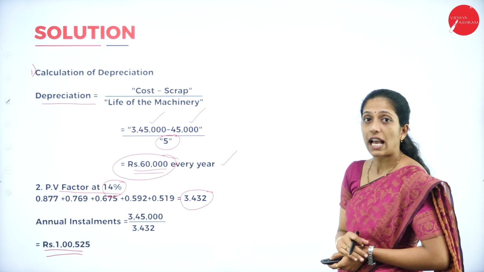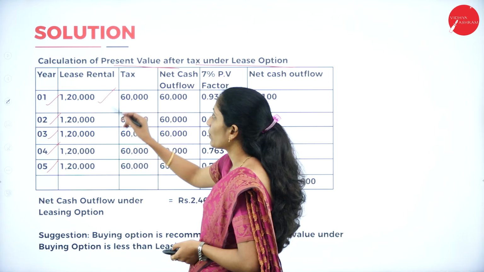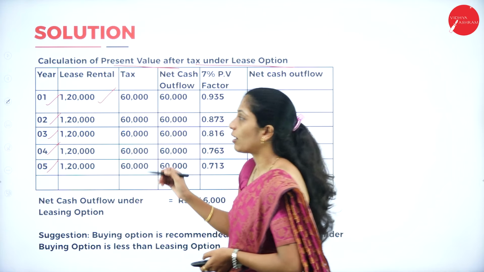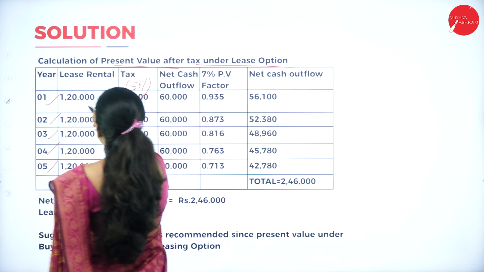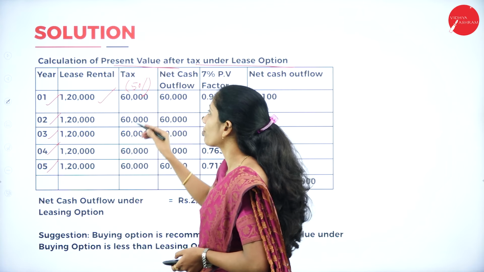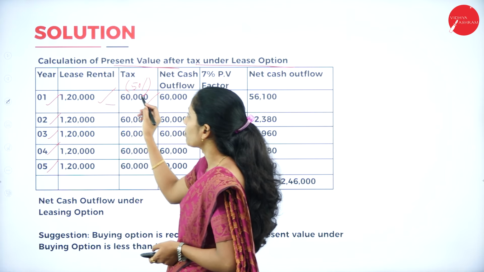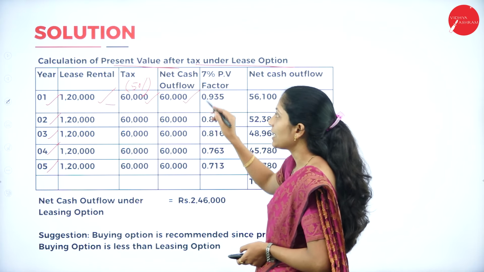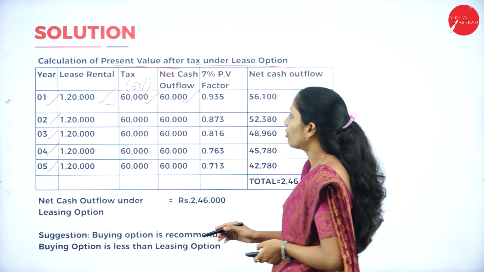So for 5 years they have to pay 1,20,000. Record this 1,20,000. Next, tax is how much? 50%. That is 1,20,000 into 50%, you'll get 60,000. Now deduct: 1,20,000 minus 60,000. So I'll get 60,000 as cash outflow.